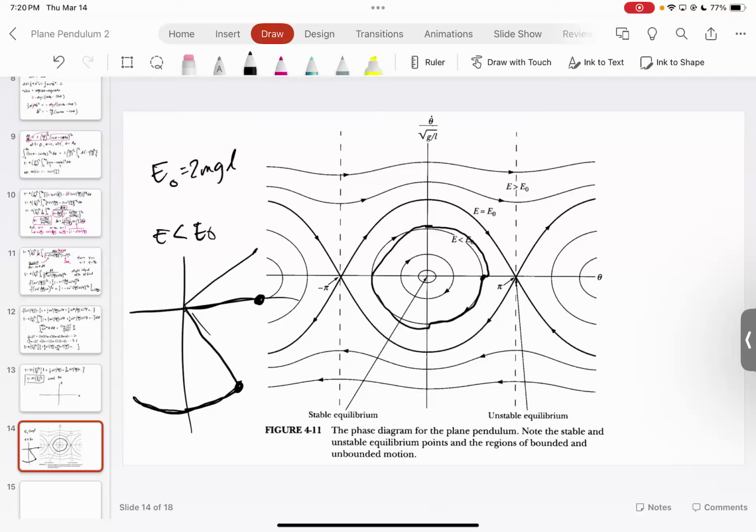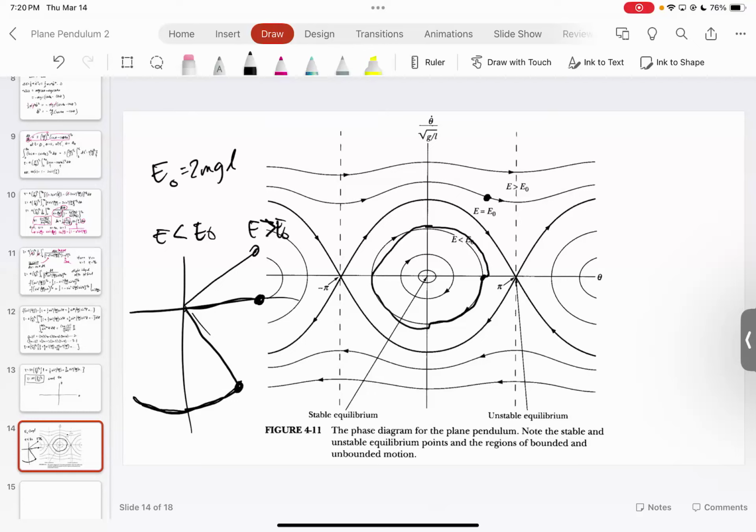Pero, pag nandito na siya, yan yung interesting na case. Tignan nyo ang nangyayari. Yan yung E greater than E naught. If we start at some angle, let's say ito yung angle na theta. No? So at some angle, sabihin natin dito tayo nag-start. Okay, anong mangyayari sa kanya?